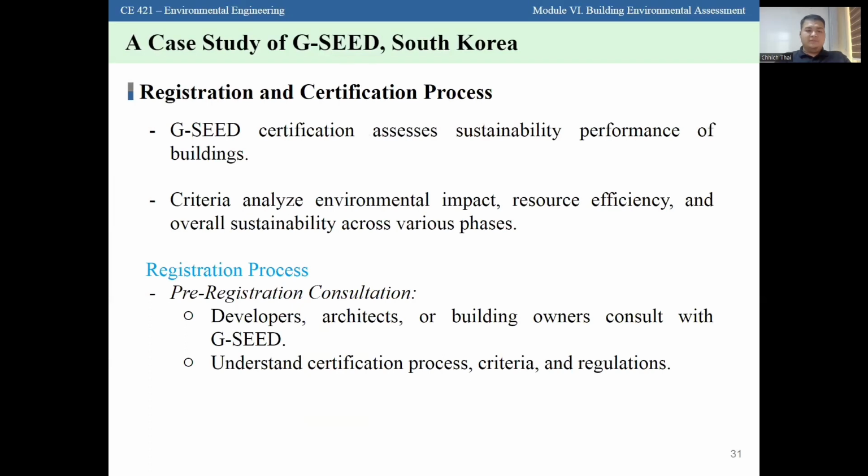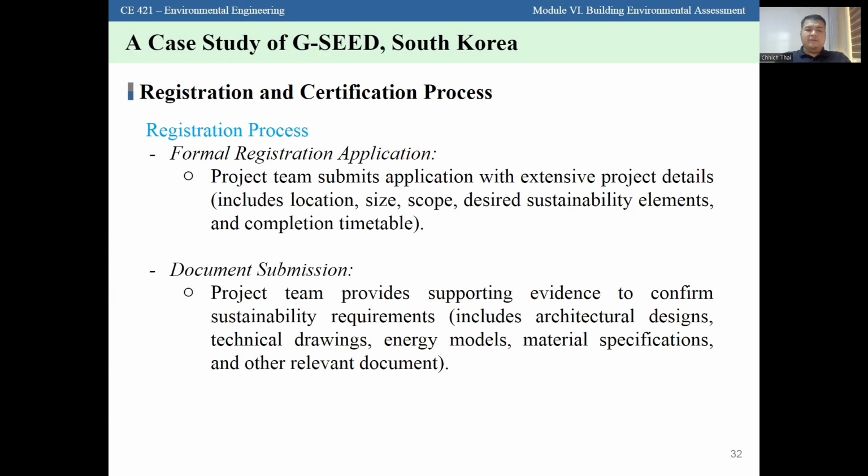The first one is the registration process, which begins with the pre-registration consultation with GSEED, where developers, architects, and the building owner consult with GSEED to have a better understanding of the certification process, criteria, and regulations. Afterward is the formal registration application, where the project owners submit an application filled with extensive project details such as the location, size, scope, and the timetable of the project.